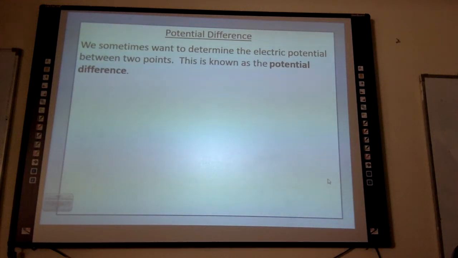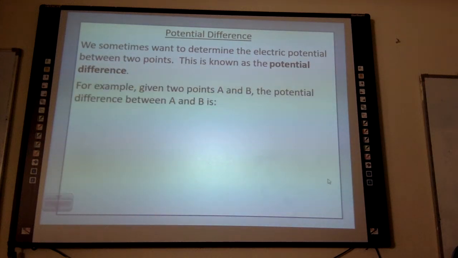If I'm asking for a potential difference, it just means what's the difference in the electric potential between 2 points. If I'm looking for the difference, take one, take the other, subtract. That's why this lesson's really easy to combine together.